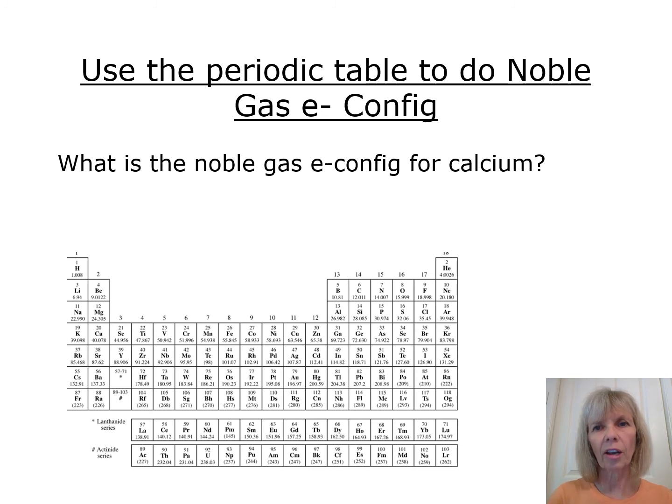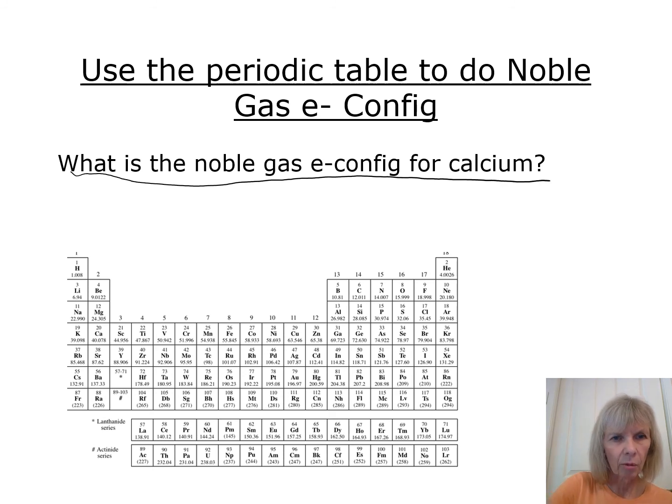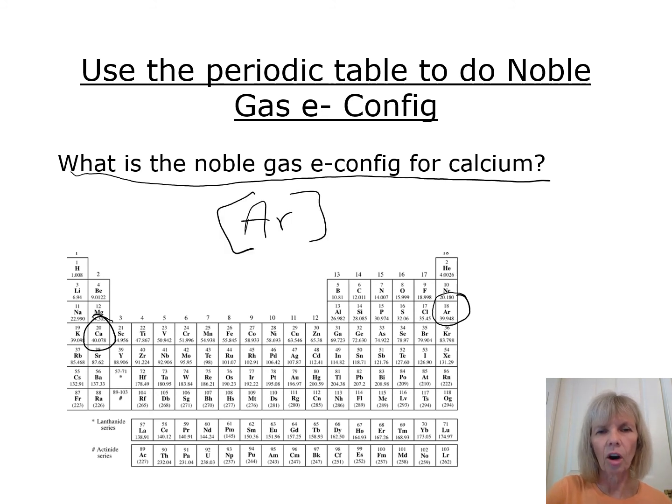So let's use the periodic table to do a noble gas electron configuration. What is the noble gas electron configuration for calcium? So we find calcium here. It's element number 20. For noble gas electron configuration, we look at what element is our noble gas, it's argon, that's closest to it. So argon represents our 18 electrons.